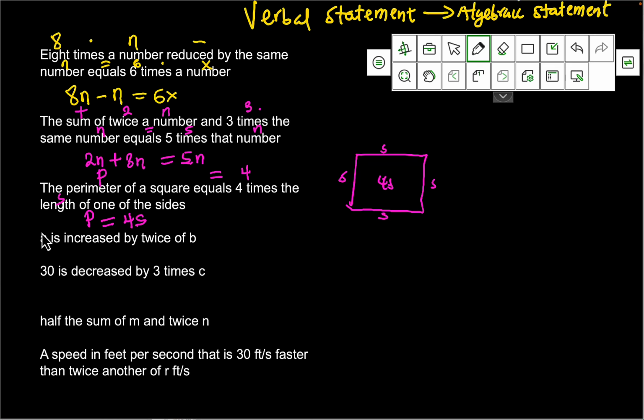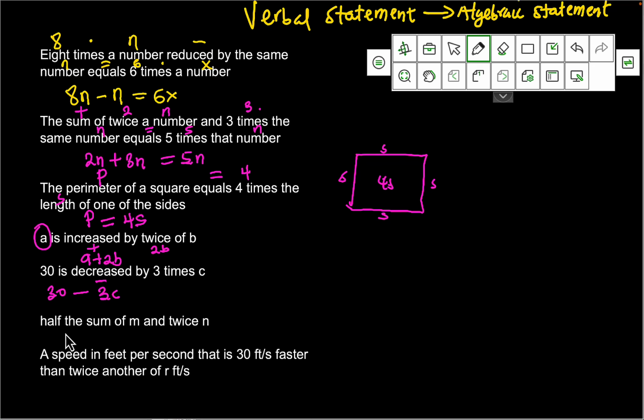Now it says that a is increased by, a is a literal here. We said increase means plus, by twice of b, 2b. So it means that a has been increased by 2 times b, so a plus 2b. That's good. 30 is decreased by, decrease means minus, right? Minus 3 times c, 3c.